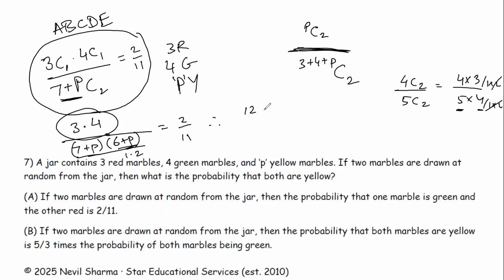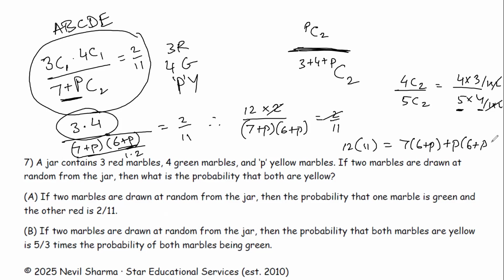Therefore, 12 into 2, that 2 goes up, is equal to 7 plus P into 6 plus P upon 2 by 11. So I'm just making sure that it is solvable or not, right? So 12 into 11 is equal to 7 plus P times 6 plus P. Correct. So I'll need some more space to solve this.